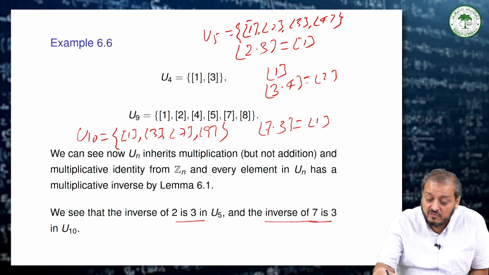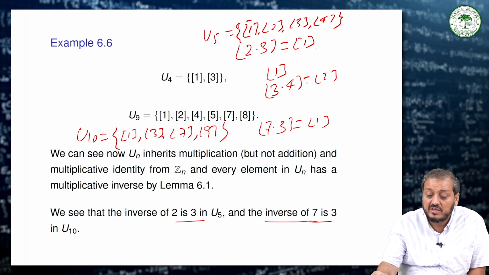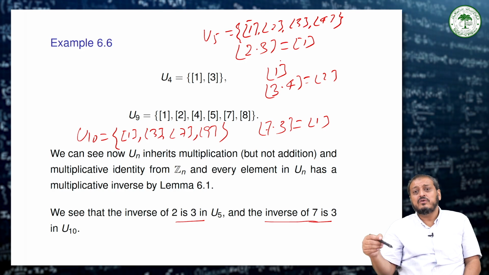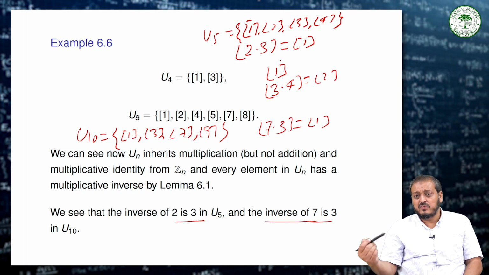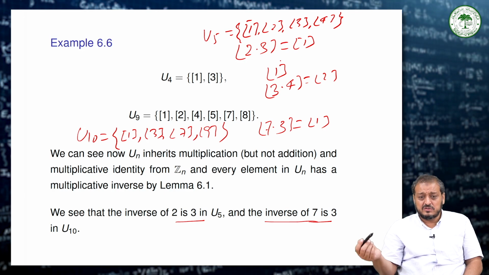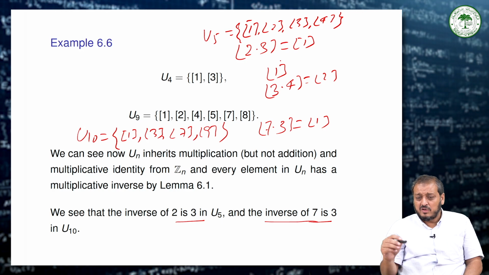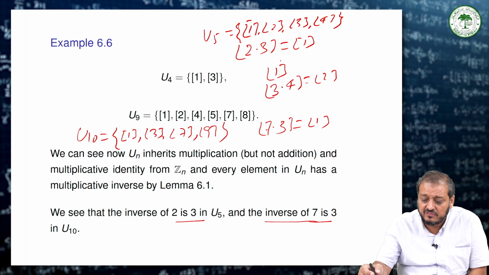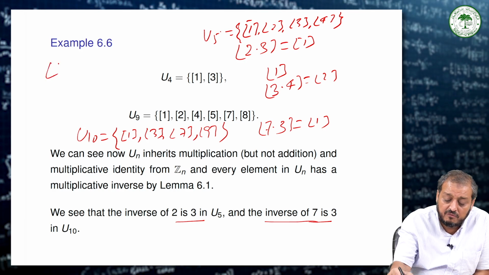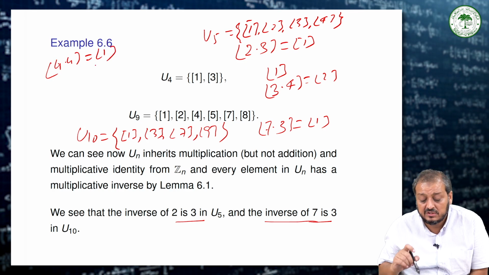In U5, 2 and 3 are inverses of each other. For the inverse of 4, 4 times 4 is 16, which is equal to 1, so the inverse of 4 is itself. 1 is also its own inverse.